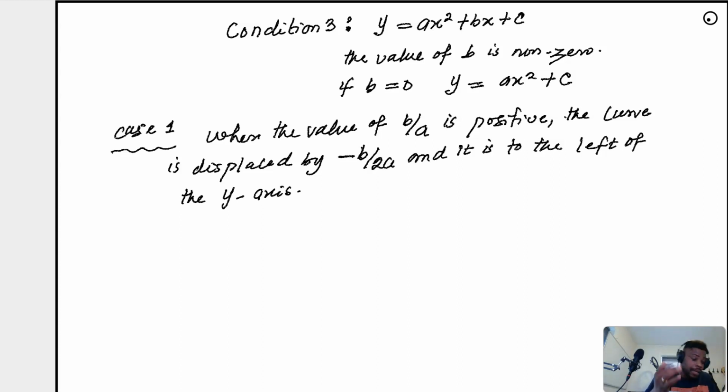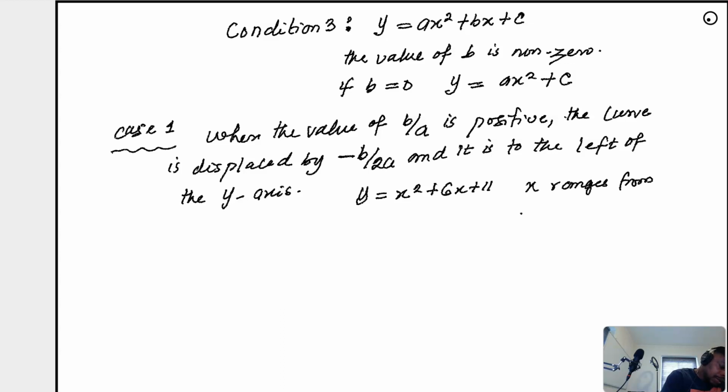So now I will show you by giving you an example. Let's say y is equal to x squared plus 6x plus 11, and x ranges from, let's say, +1 to -5.